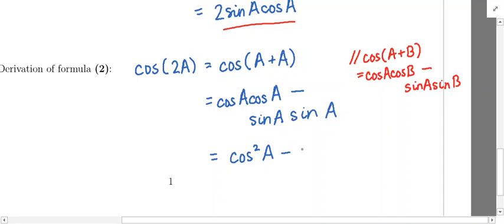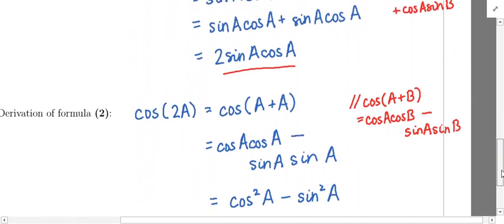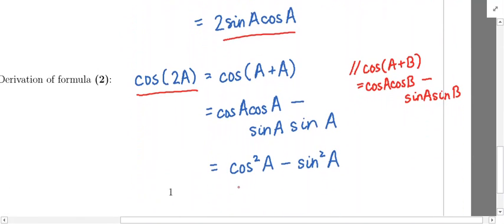I'm multiplying sine a by itself, so that's sine squared a. And we are done. We have proved the second double angle identity. If you come back up here, we proved that the cosine of 2a is indeed equal to the cosine squared of a minus the sine squared of a. This equals this, so we are done.